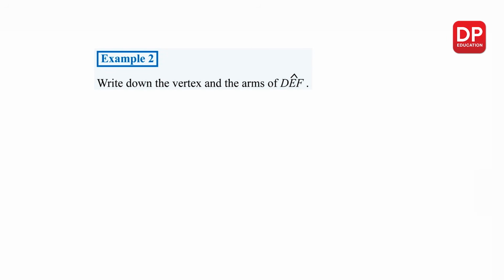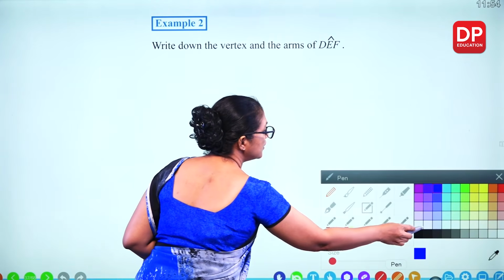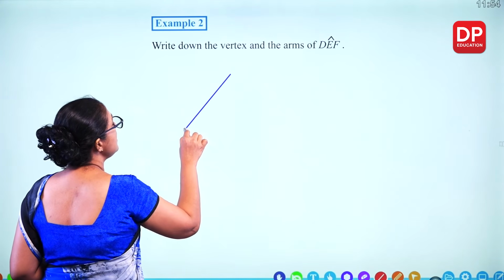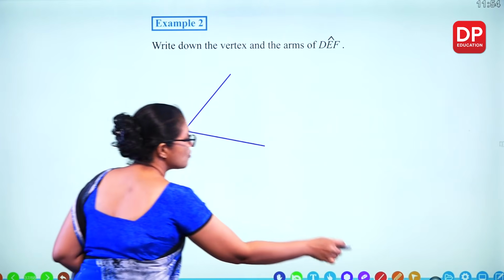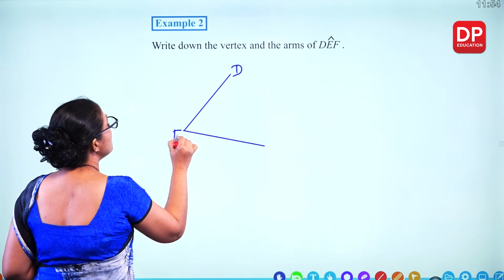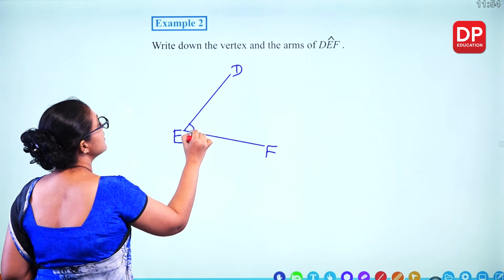Write down the vertex and the arms of DEF. We'll try to draw it. DEF. So what's the vertex? Vertex is always the middle letter. So this is the angle.